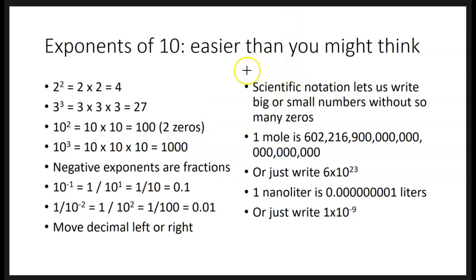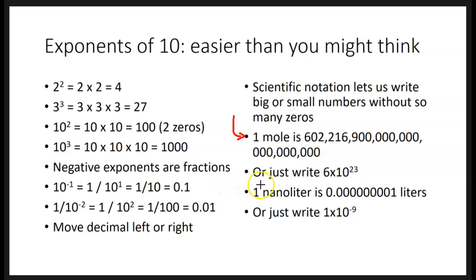So scientific notation lets us write big, or really small numbers without so many zeros. For example, we'll use the unit mole, especially in chemistry. A mole is a really, really big counting number. So 1 mole is equal to 602,216,900,000,000,000,000,000, right?